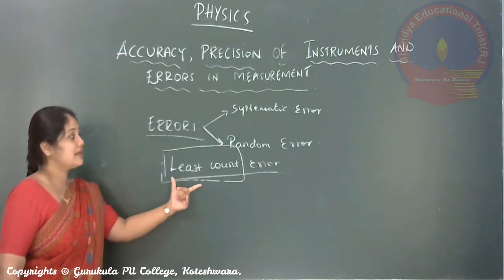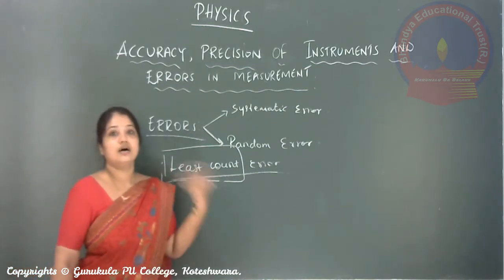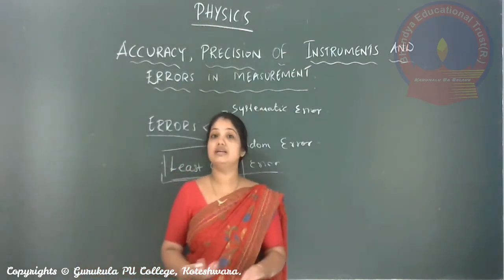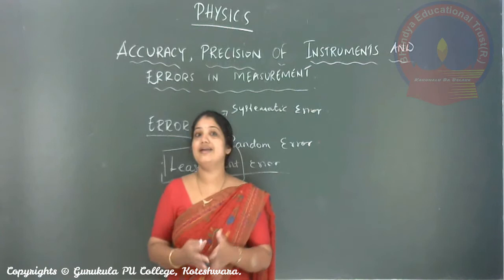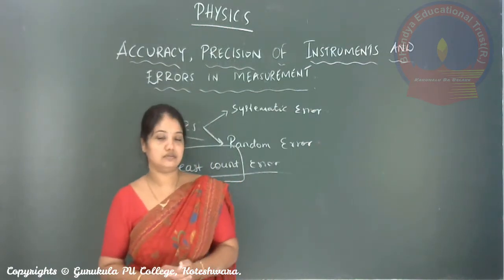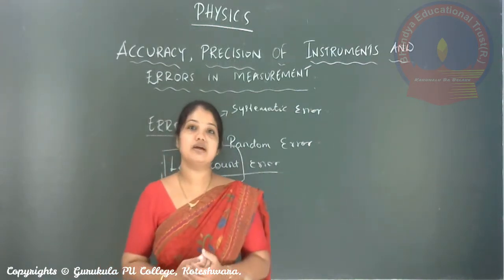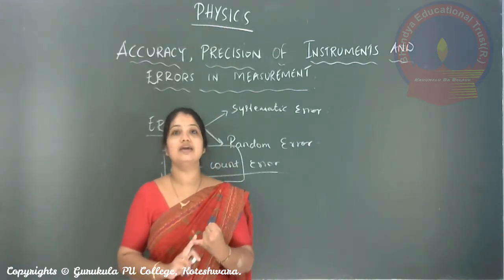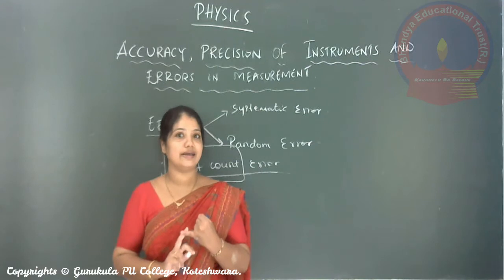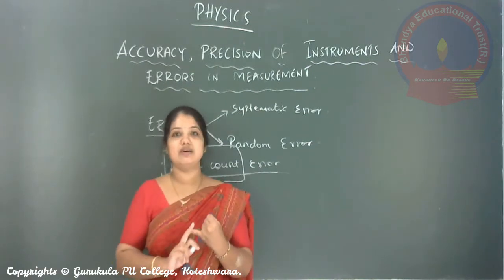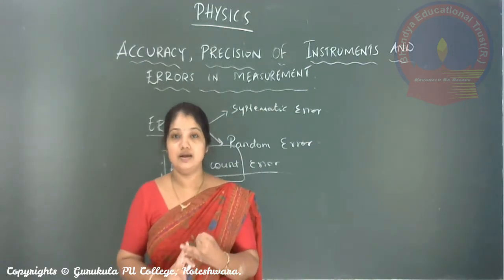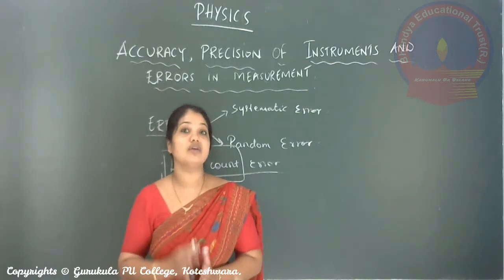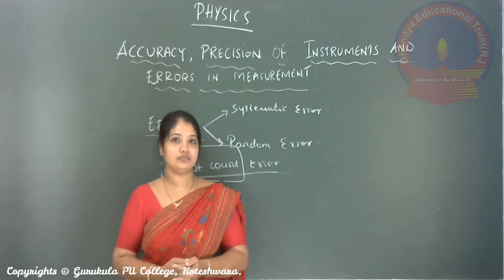Now next, how do we minimize these errors? Errors can be minimized. So how can it be minimized? The first way to minimize the error is by making use of the proper technique, setting the experiment in a proper way, taking proper precautions, and selecting a very good instrument.